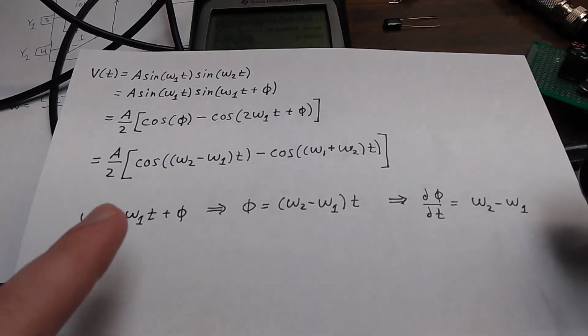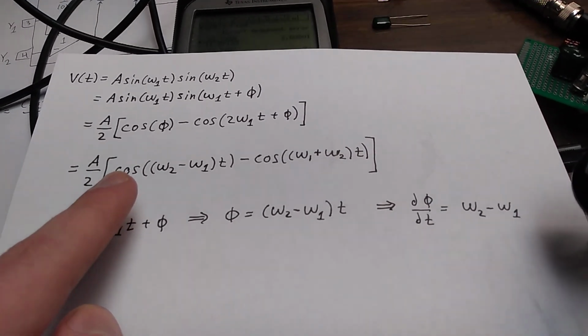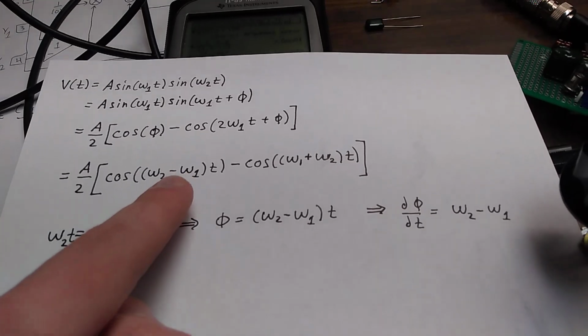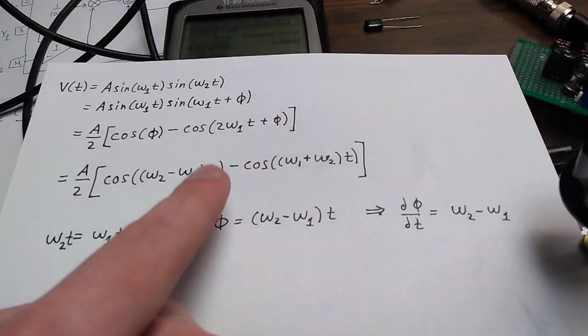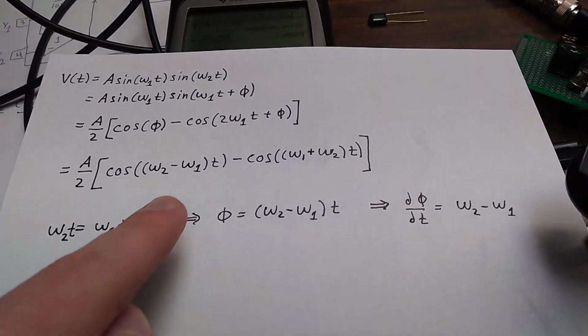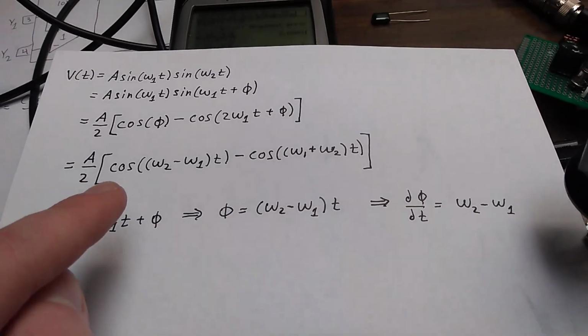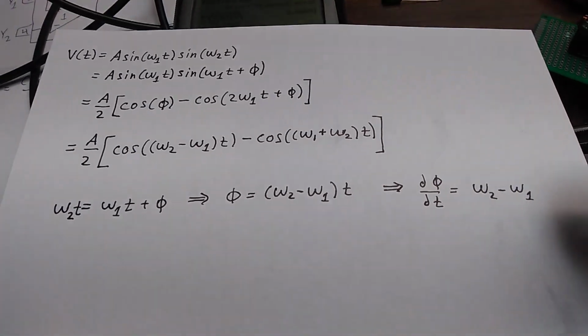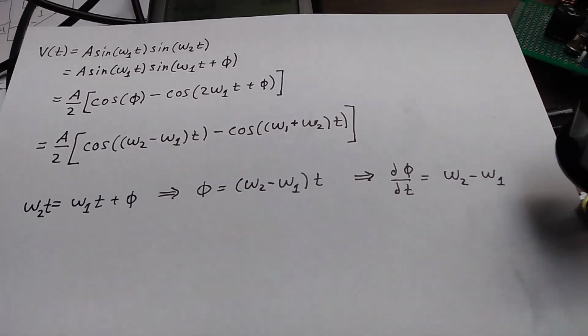And the important thing to note is that cosine is an even function, so even if this is negative, the absolute value of omega 2 minus omega 1 will always be the same value, right? And cosine of negative x is equal to cosine of x, so that works.